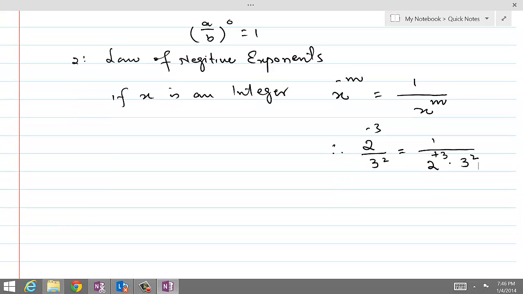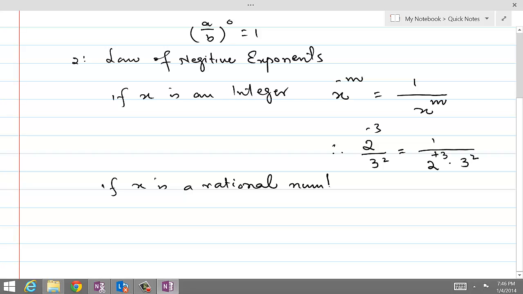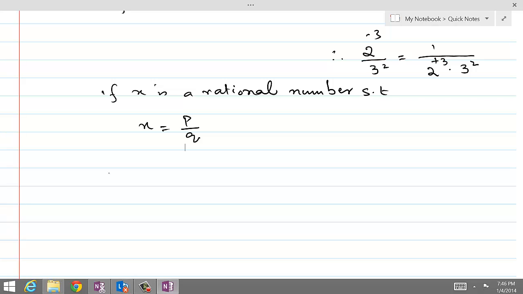If x is a fraction, if x is a rational number such that x is equal to p over q, then x power minus m, well, we can substitute the value of x, which is p over q power minus m.